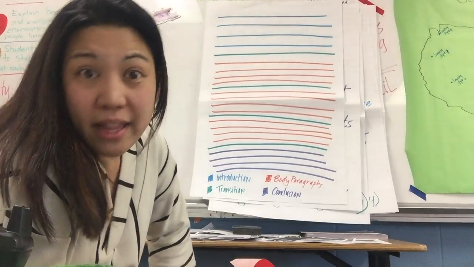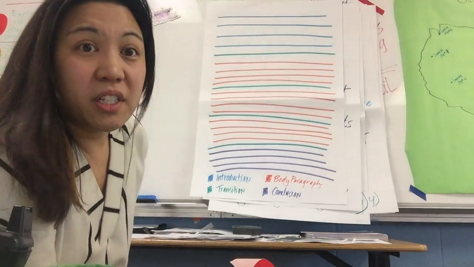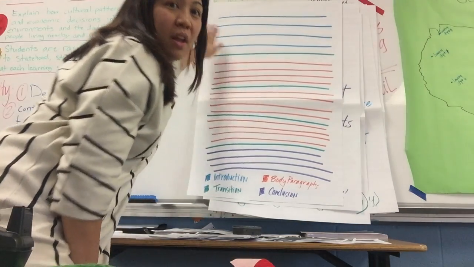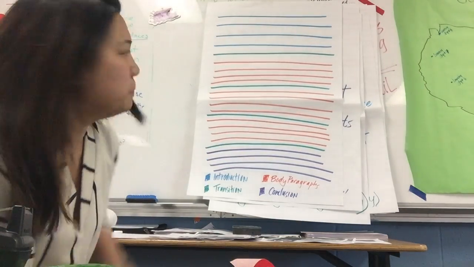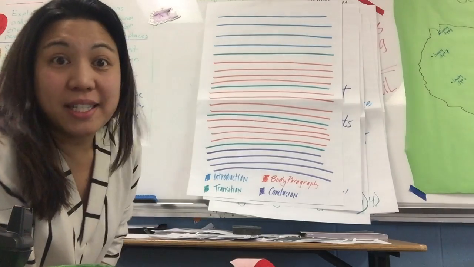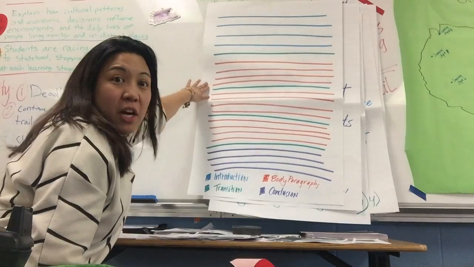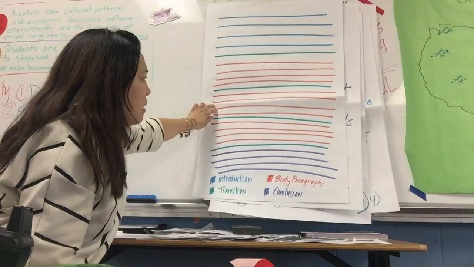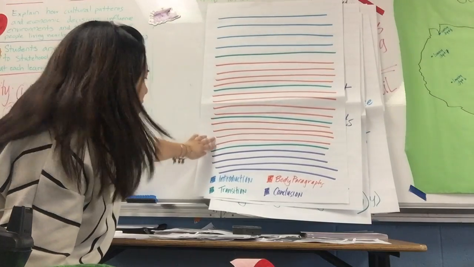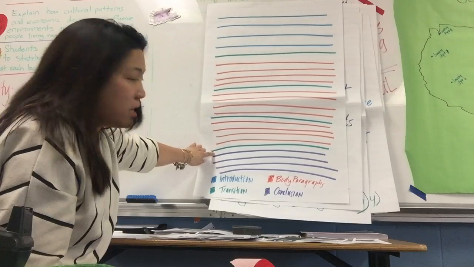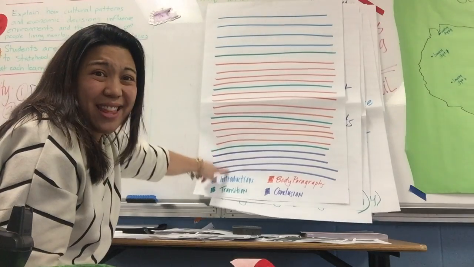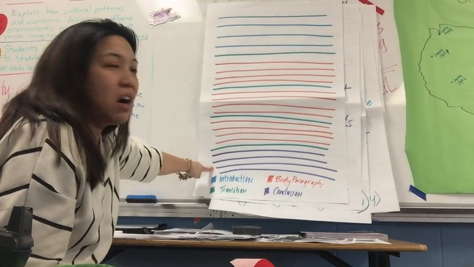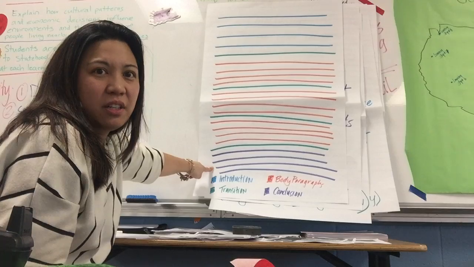So if we were to write this, we would start here at the top with our introduction in blue. We would then transition into our body paragraphs. Notice I have one body paragraph transition, second body paragraph transition, and a third body paragraph transition. And then lastly, we have our conclusion.